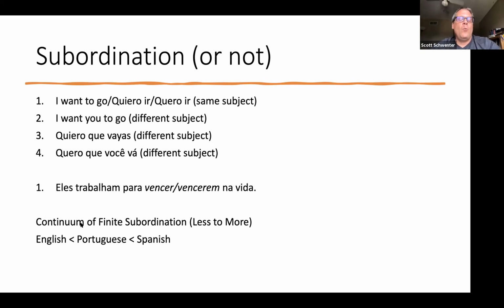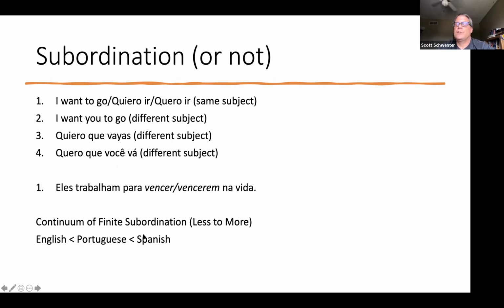And so what I want you to see here is there's this continuum of finite subordination, where finite subordination is saying something like quiero que vayas, right? With a que and then another conjugated verb after it. And English is probably the one that hates that the most. So like I said, we don't say, I want that you go in English, at least not anymore. Portuguese is sort of in between because it has both of these options.